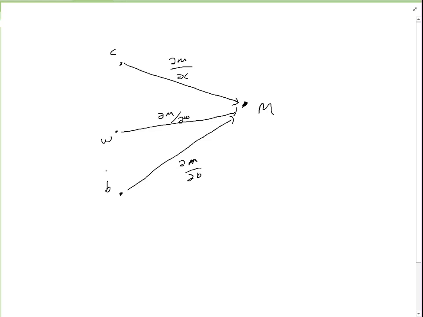So if you have a change in one or more of these, you simply multiply by this and it'll predict, using that tangential method, the estimated change in M. Fine, that's what we've got so far.